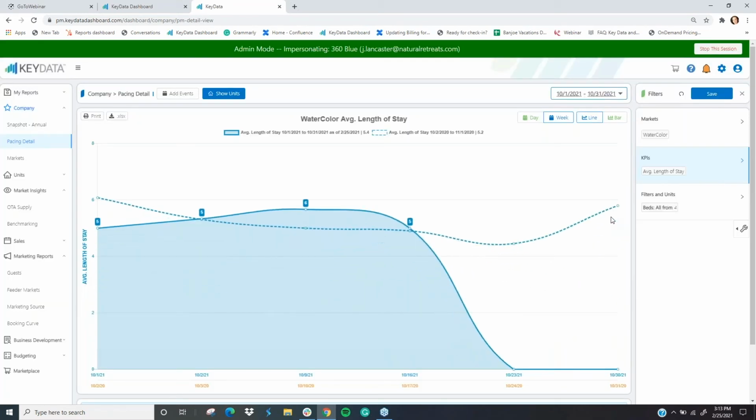So what we can tell from this point on is that the length of stay for the month of October is about 5.4 days. So we can see that a lot of guests that are currently booking for October are booking this amount of days, correct? So we now know whether we want to put some restrictions in place, should we start raising our prices, or making even more restrictive stays.